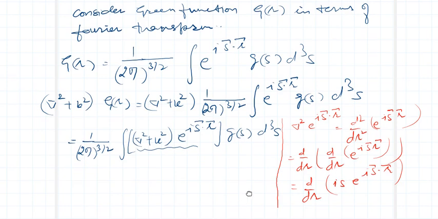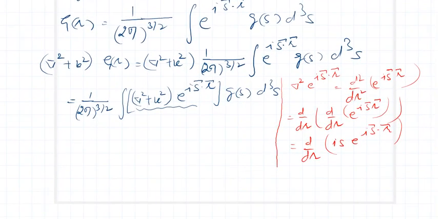So if I take its differential, then it's like iota s into iota s e raised to power iota s.r. So iota square and s square, and iota square is minus 1. Then it is minus s square e raised to power iota s.r, right?